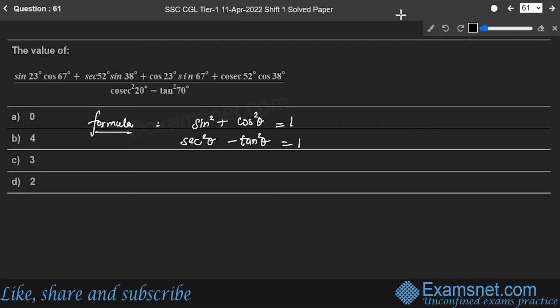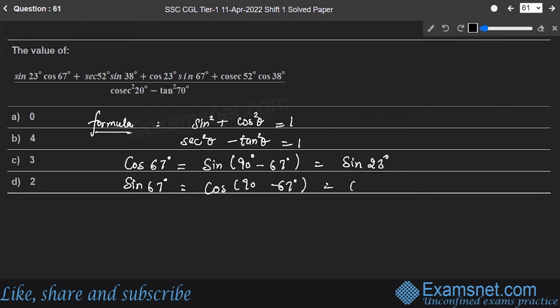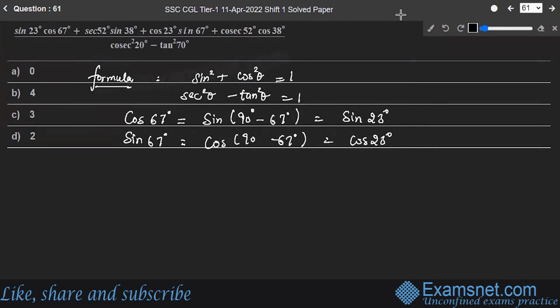Now we'll be having the trigonometric identities for complementary angles, which says cos 67 degrees can be written as sine 90 degrees minus 67 degrees, which is equal to sine 23 degrees. Similarly, sine 67 degrees can be written as cos 90 minus 67 degrees, which is equal to cos 23 degrees. Correct. So now let's move to the solution part of the problem.